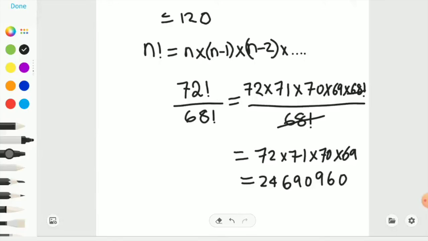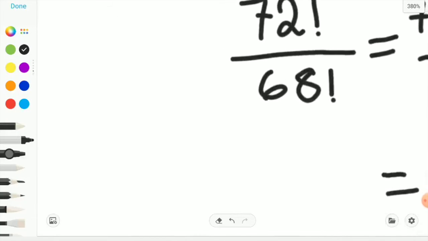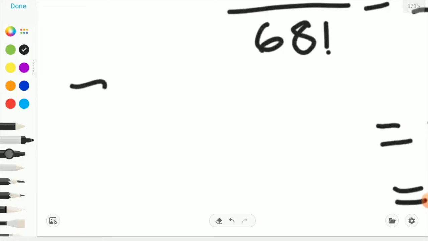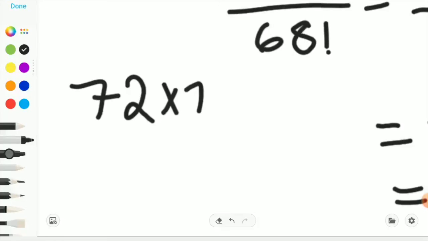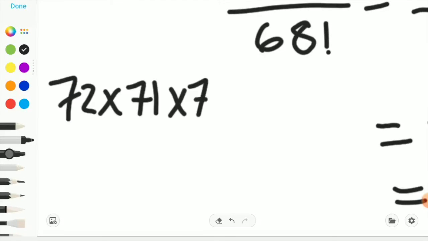Another button that's on your calculator. This is also for a different use, but say you wanted to do 72 times 71 times 70 times 69, the same thing as earlier.